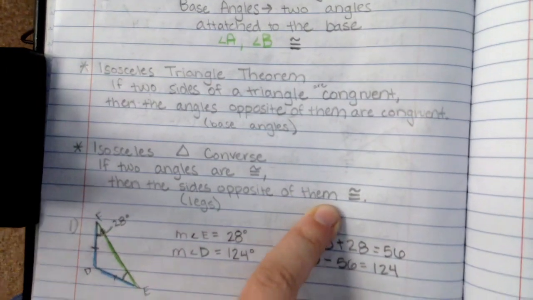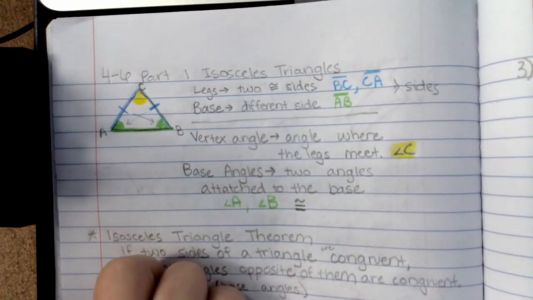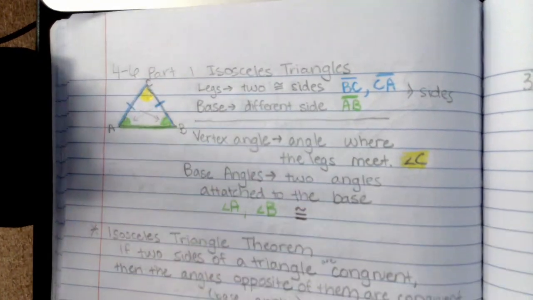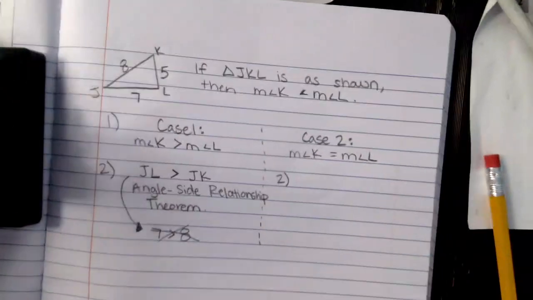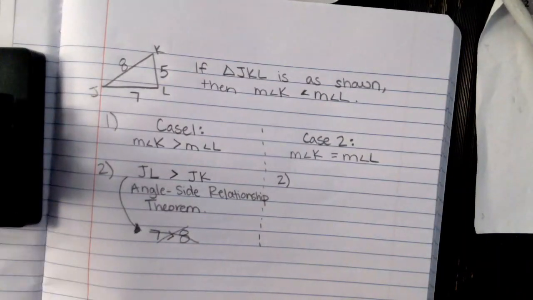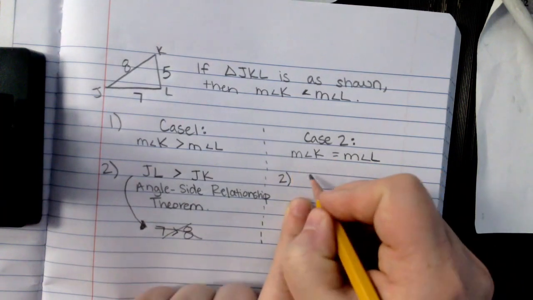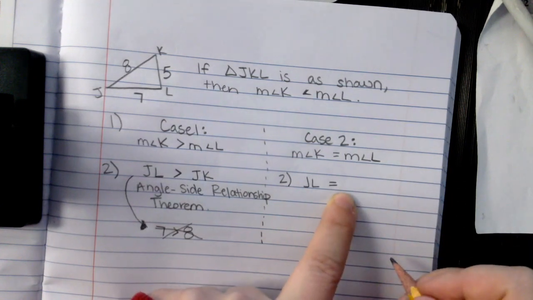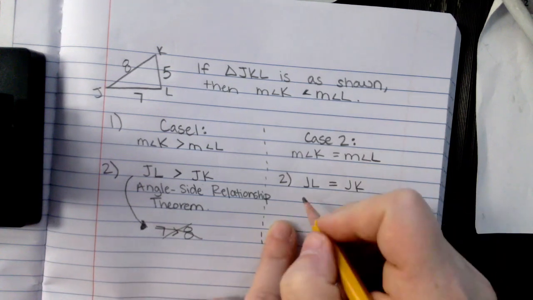So if two angles are the same, then that means the two sides have to be the same. So in this one, when we say angle K is equal to angle L, we're saying the sides opposite also have to be equal. So what's the side opposite of angle K? JL would have to be the same as, what's the side opposite of L? JK. And that's our converse of the isosceles triangle theorem.